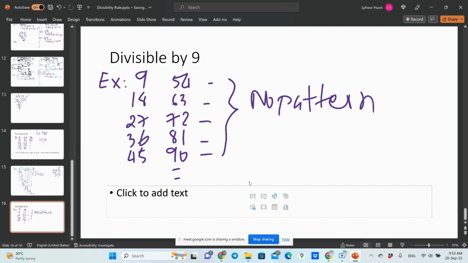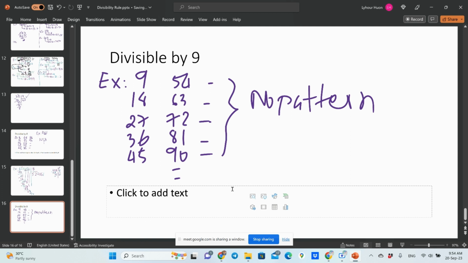Then the rule says if the sum of all digits is divisible by 9, then the whole number will be divisible by 9. It's similar to divisible by 3. For 3, if the sum of all digits is divisible by 3, then the whole number will be divisible by 3.